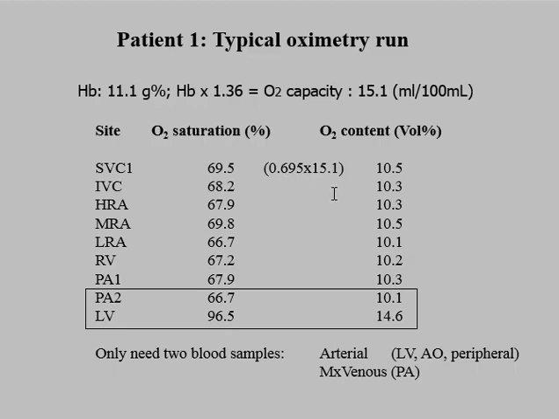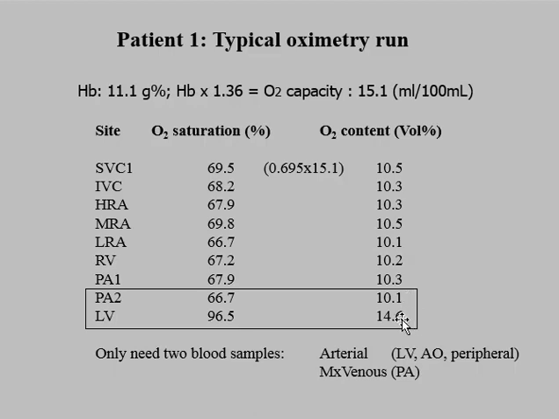You do that, 15.1 times 0.682, we get 10.3. 0.679 times 15.1 becomes 10.3. If we go down the track, we get 0.667 multiplied by 15.1 gives us 10.1, and finally 0.965 multiplied by 15.1 gives us 14.6%.